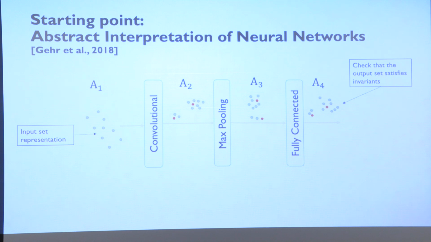You are over-approximating the set of inputs that can actually arise by this sort of interval, what we call interval abstraction. And then as you're pushing this interval through the program, in this case through the layers of the neural net, the shapes are changing. You might start with a rectangle, but it may become a polytope, or if you're using nonlinear things, maybe even something more complex.